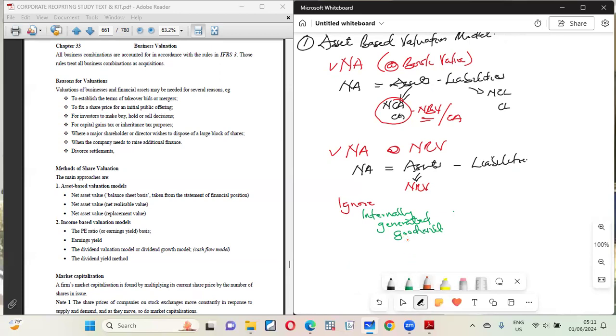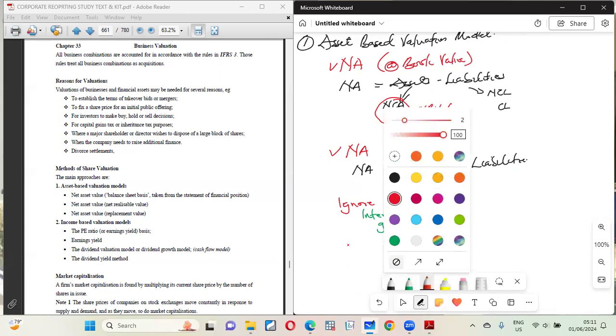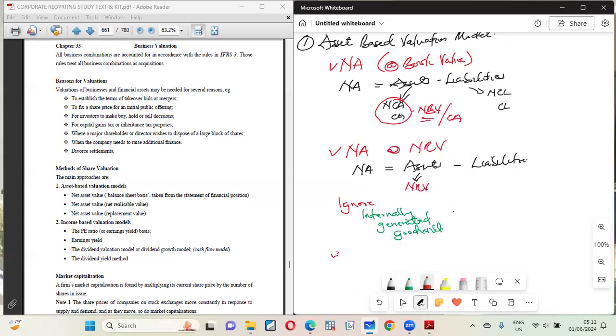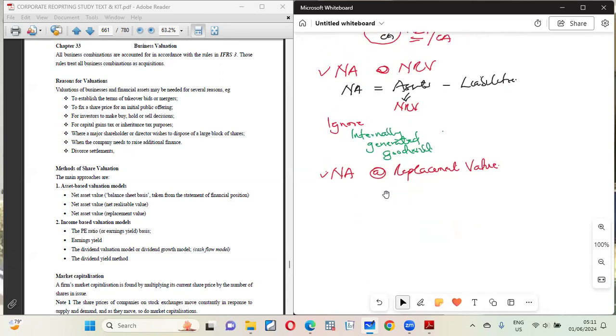But the focus of the net asset, we are using replacement cost. What is replacement value? Replacement value simply means how much would the thing cost today if I'm replacing it? Because figures are historical. How much would the thing cost today in the market?